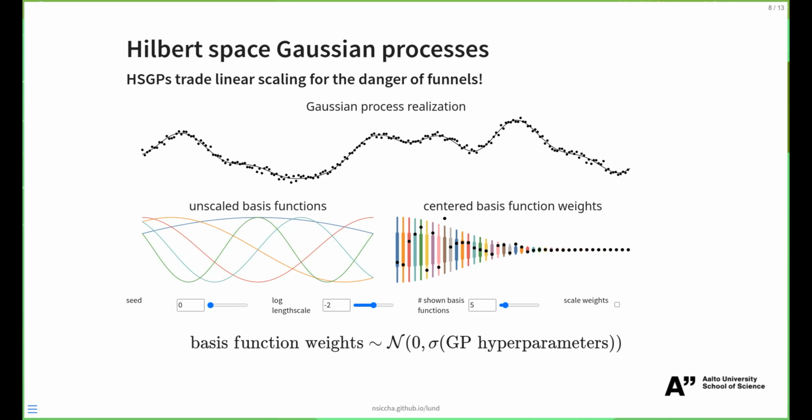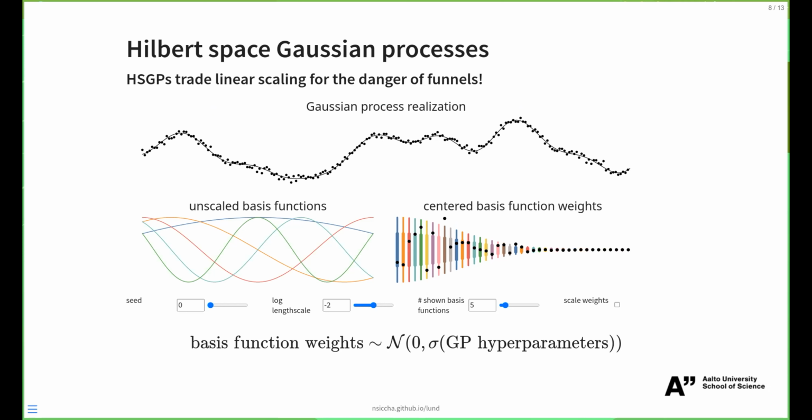But now, after you have done this discretization using these HSGPs, you have your Gaussian process represented as the sum of basis functions.